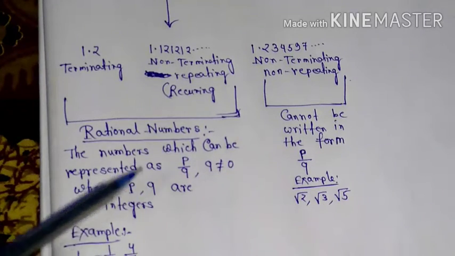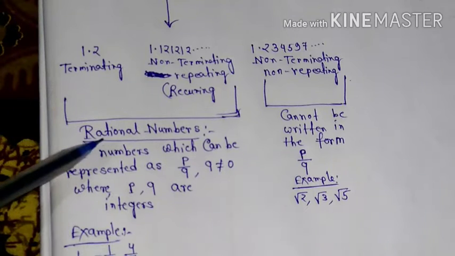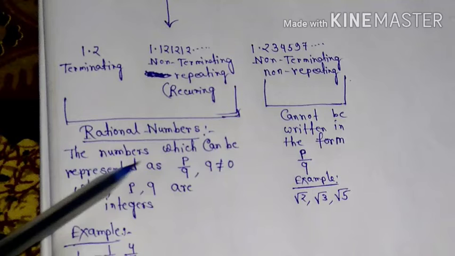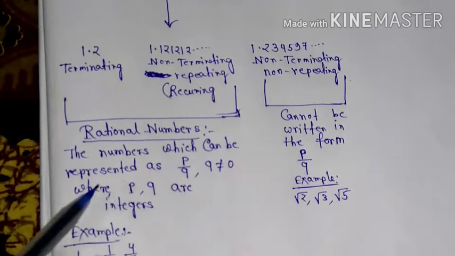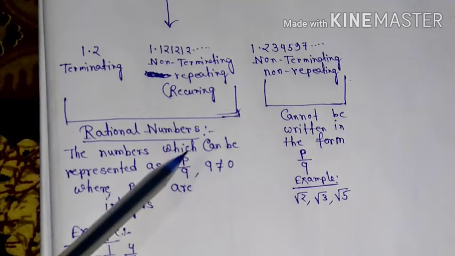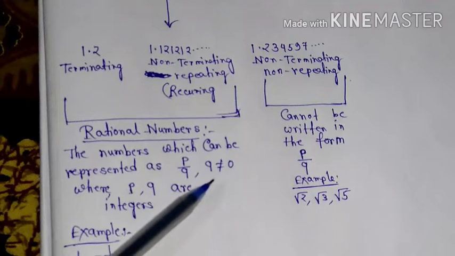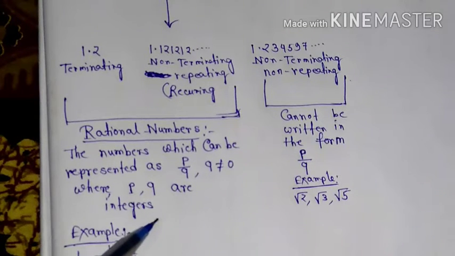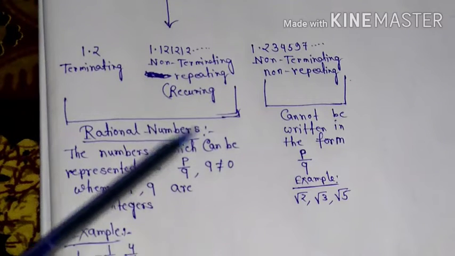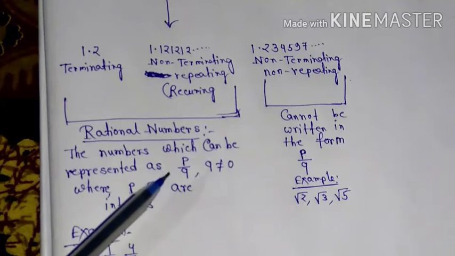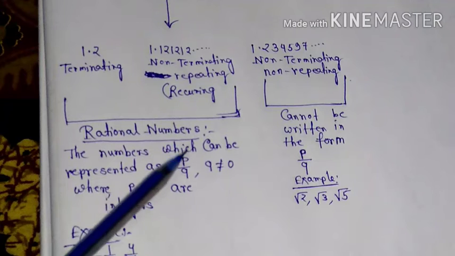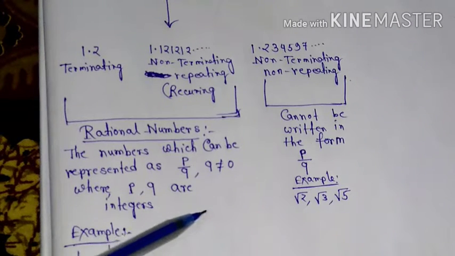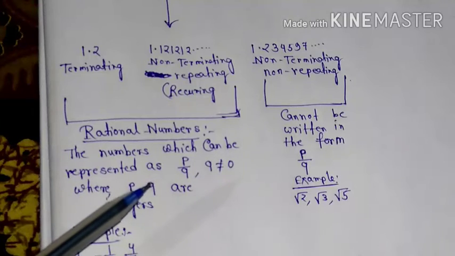As a definition, a rational number is a number which can be represented in the form p by q, where p and q are integers and q must not be equal to 0. So if we can represent a number in the form p by q, then it is called a rational number.